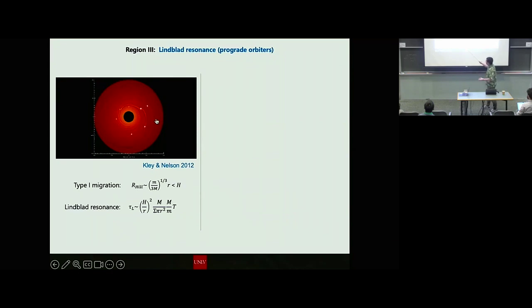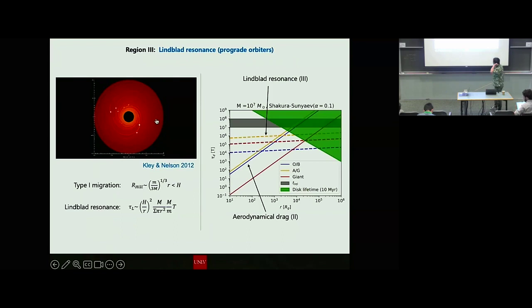And if your Hill radius is larger than the disk scale height, then at the disk scale height, the gravity from the small object is more important. Then you will open a gap in the accretion disk, and your migration time scale is basically determined by the viscous time scale. If you compare this resonance time scale with some other processes, you will find that the time scale for the Lindblad resonance is much longer than aerodynamic drag.